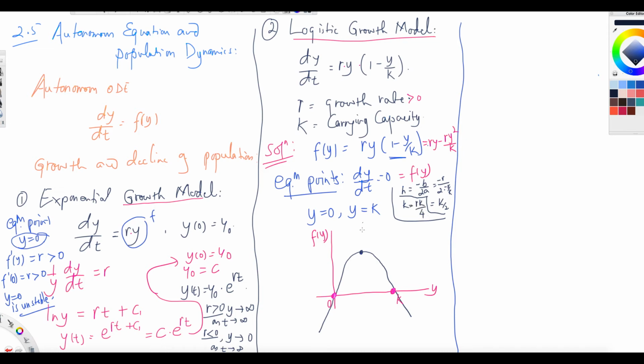That's what you get. So this point is k over 2 and then rk over 4. That is the maximum value of f of y, or the maximum value of the derivative.